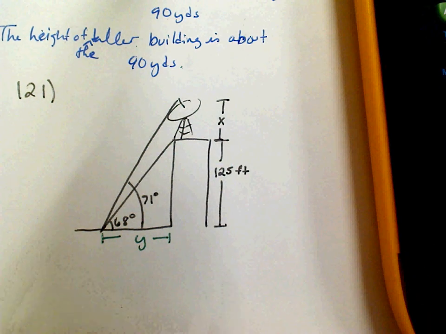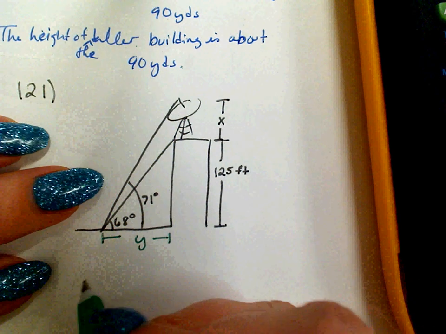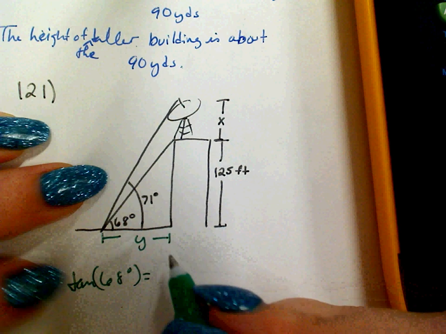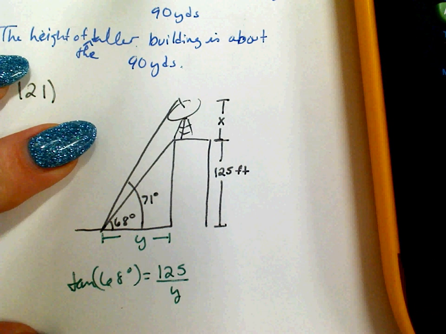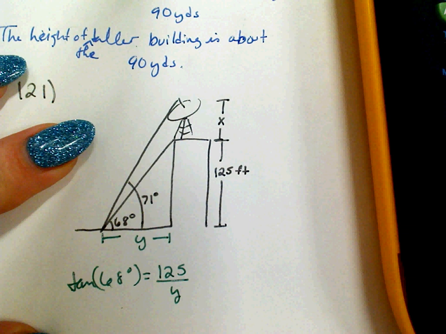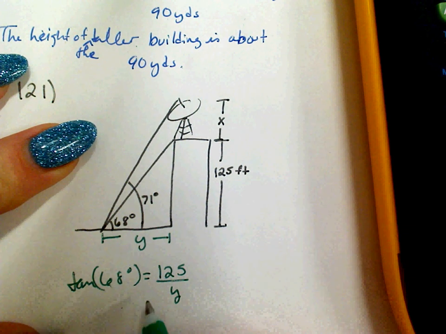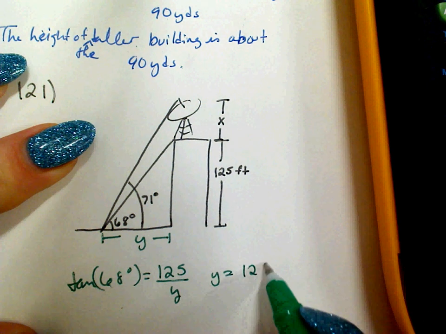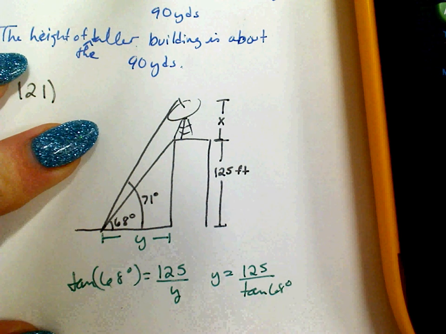So for the smaller triangle, for the 68 degrees, tangent of 68 degrees equals opposite, which is 125, divided by adjacent, which is y. So I can solve for y. If I multiply by y and then divide by tangent of 68, y equals 125 divided by tangent of 68 degrees.